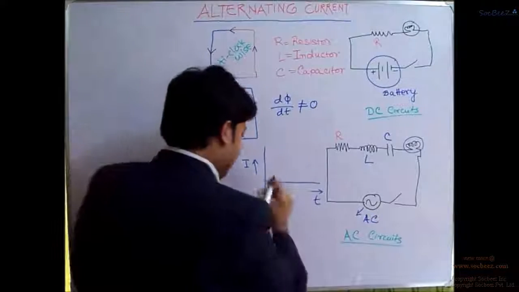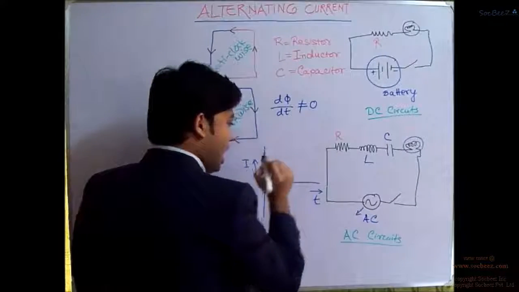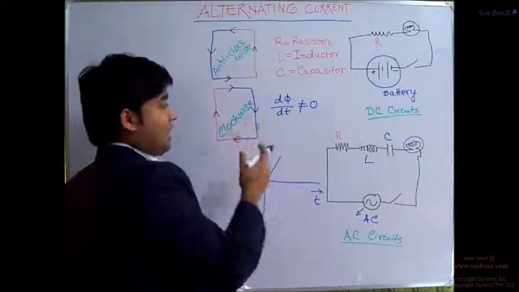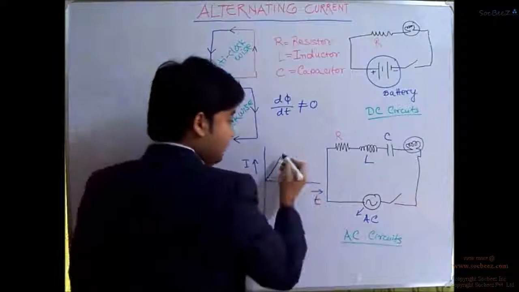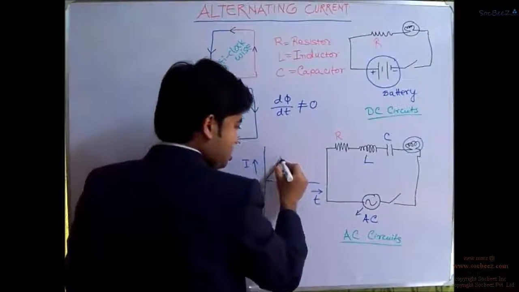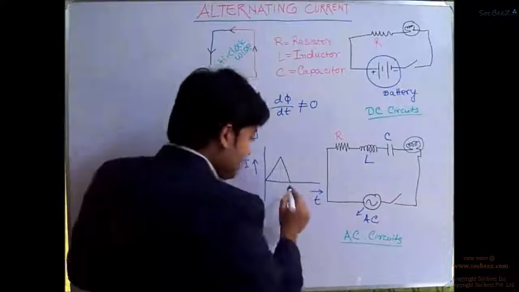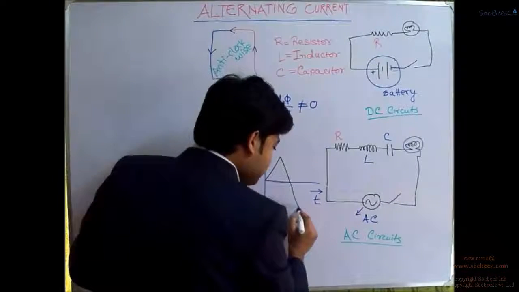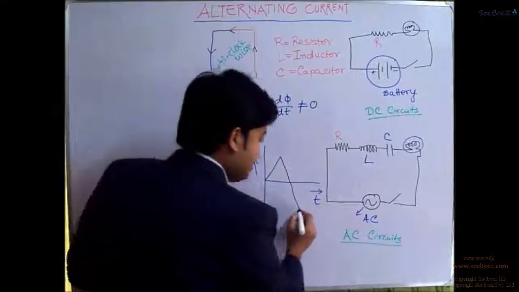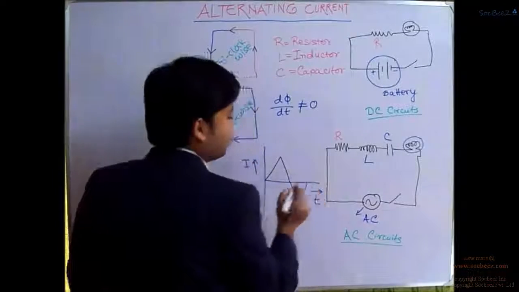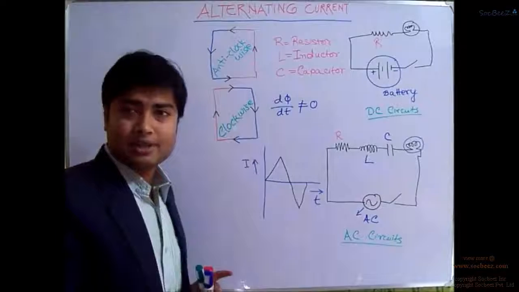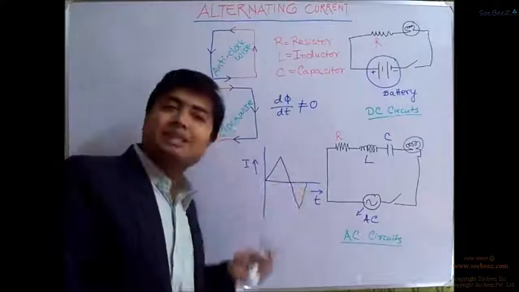So we will see that first of all it will go up on the positive side of the clockwise direction. It will attain a maximum value, come down to 0, again attain the maximum value on the negative side, and then go back to 0, right? So the curve will be something like that.